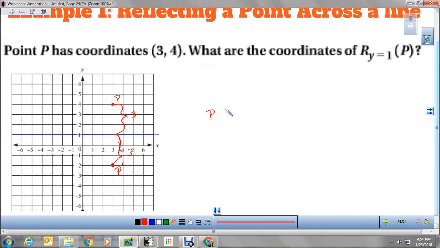So the reflection across line y equals 1 of point P will become P prime, which is going to be located at positive 3 and negative 2. Notice that in a reflection across a horizontal line, the x value does not change, but the y value does.